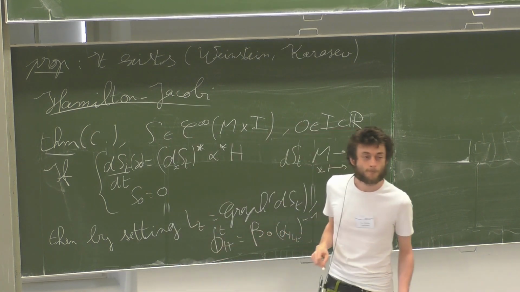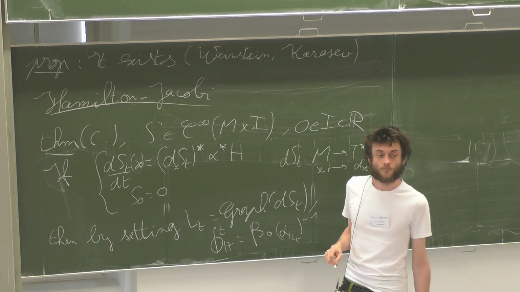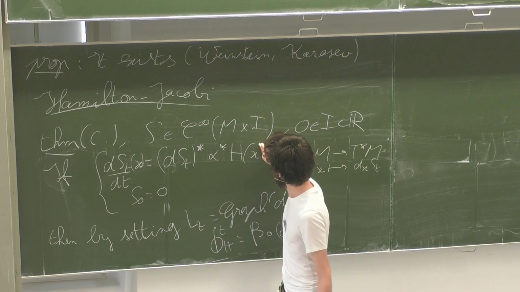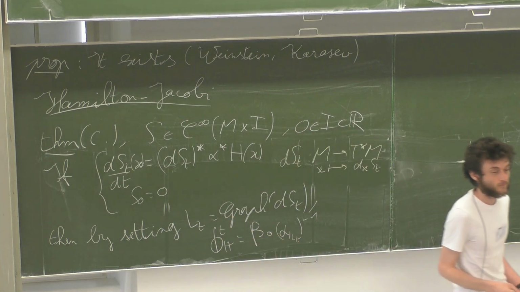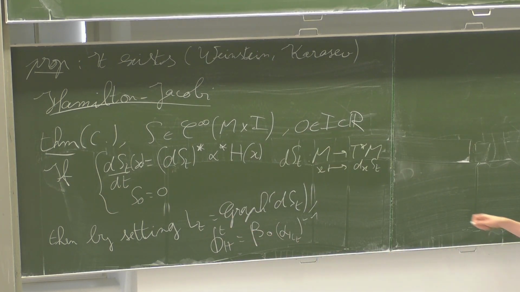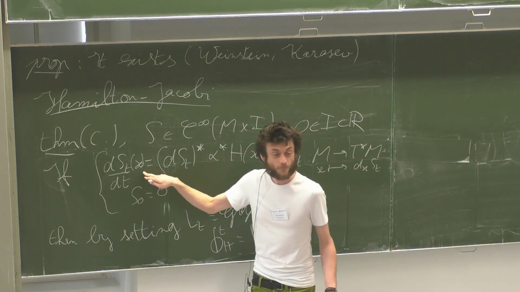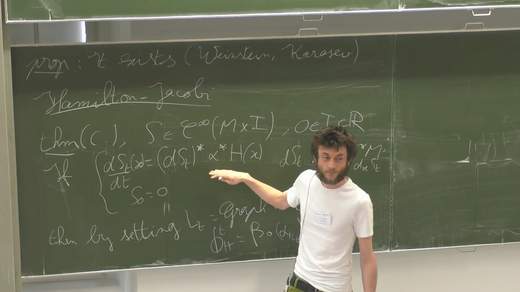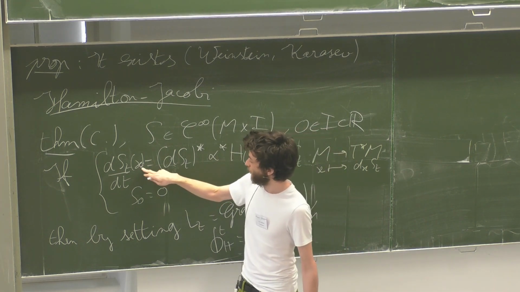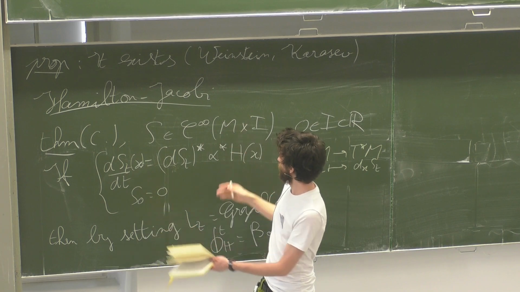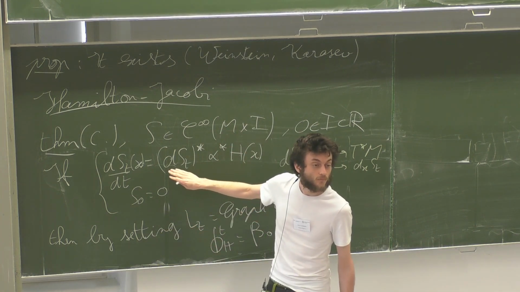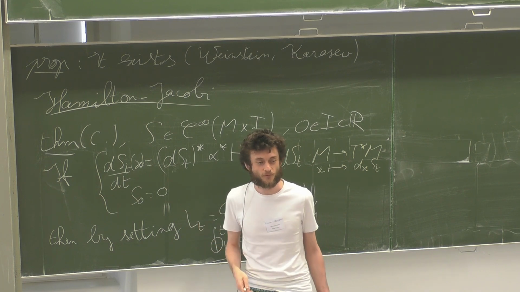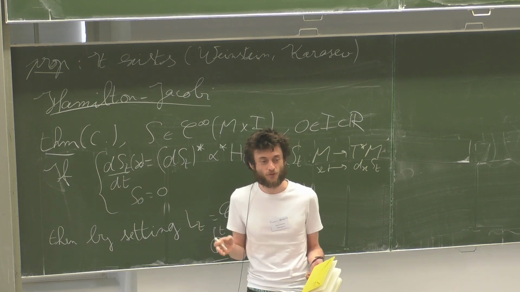And on the other hand, on the right-hand side, you have a function H pulled back by alpha and then pulled back by dST, right? If you write it this way, this is a partial differential equation. If you fix x, you don't have to go into time derivative of a smooth function, it's just pointwise.